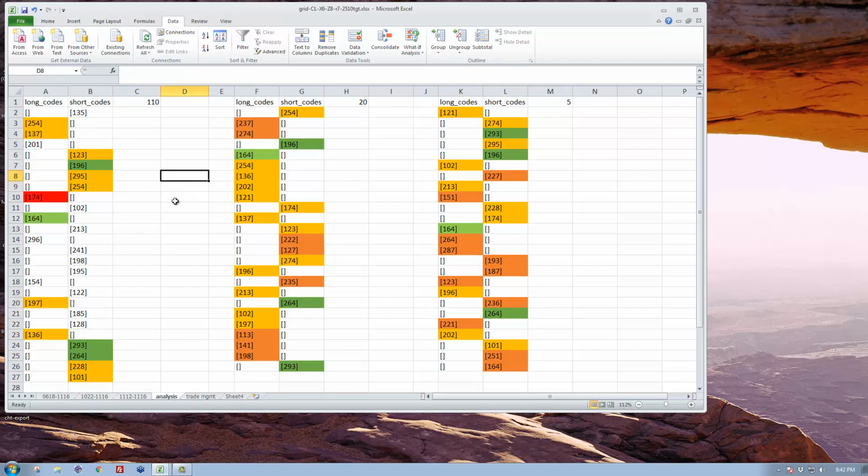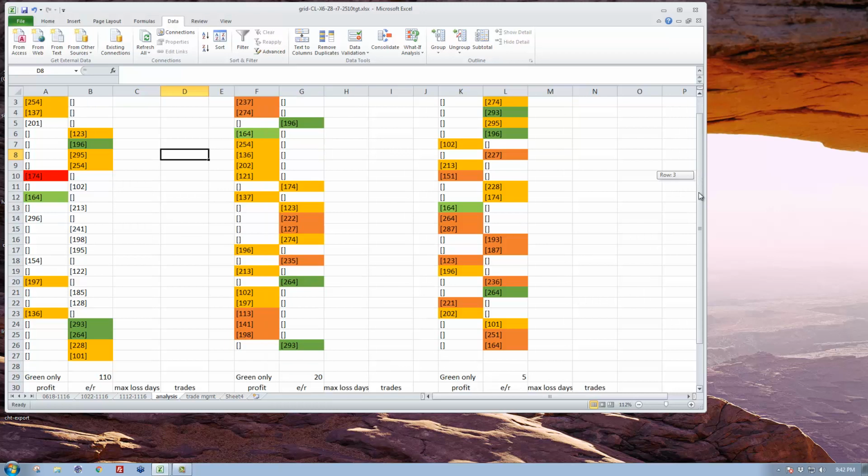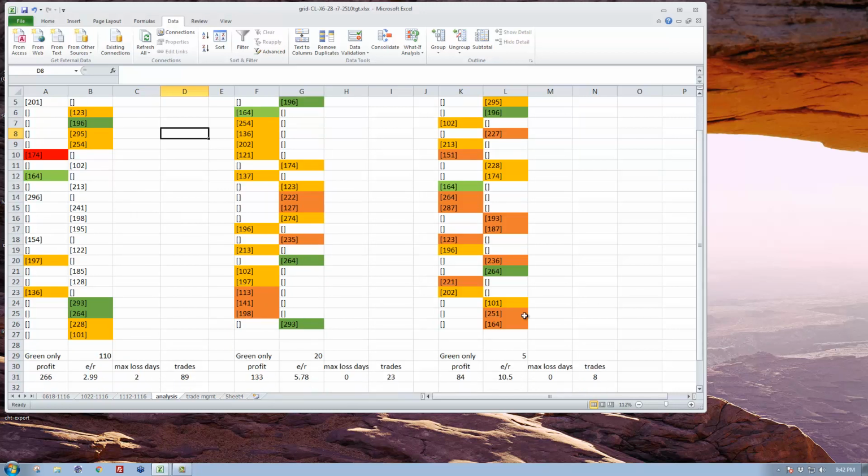So what would be very interesting now is to run a replay using just those codes and see what we get. And I did that, and that is what you see right down here. This is green only, the greens. So it's 1 code going long and 3 codes going short.